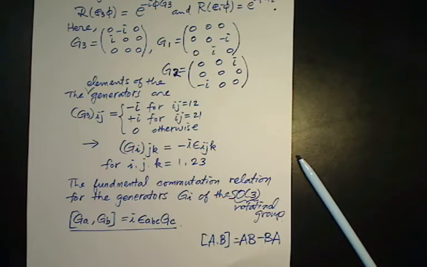For example, 1, 2, and 2, 1 generates 3. So you will keep rotating about the x and y axes, but at the end of the day, you will find some contribution of rotation about the z-axis.